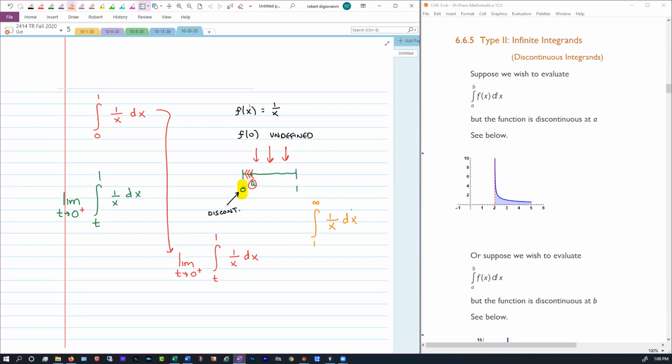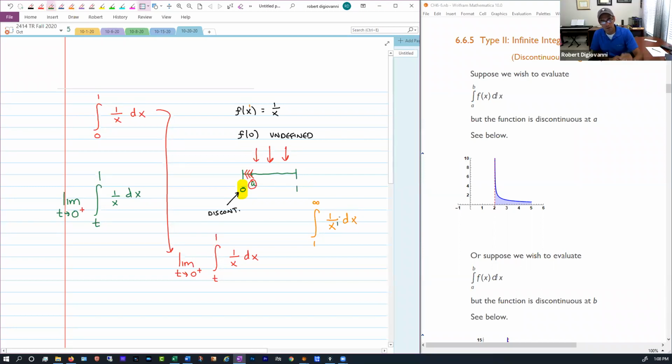Converge or diverge? Divergent. Divergent is when there's no number. It diverges if the power is less than or equal to 1. So if the power on that x is less than or equal to 1, it diverges.